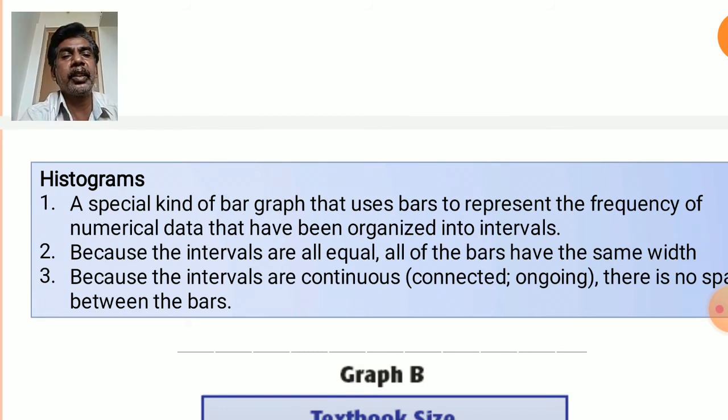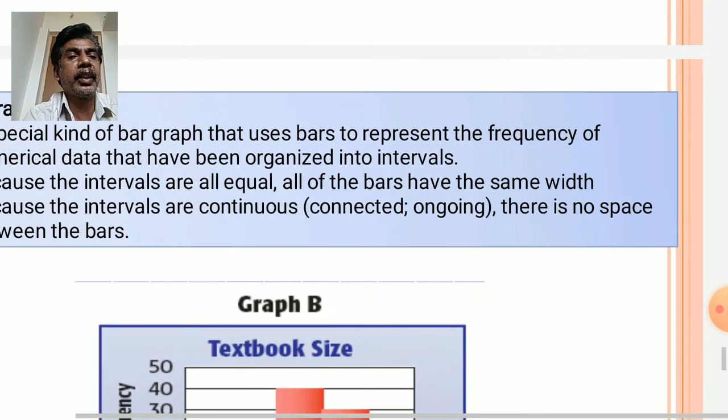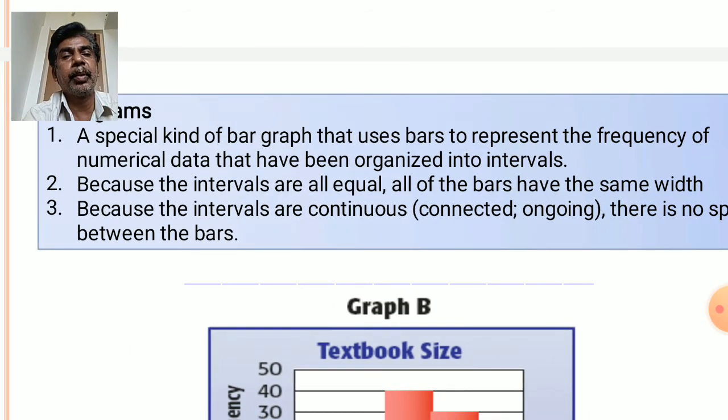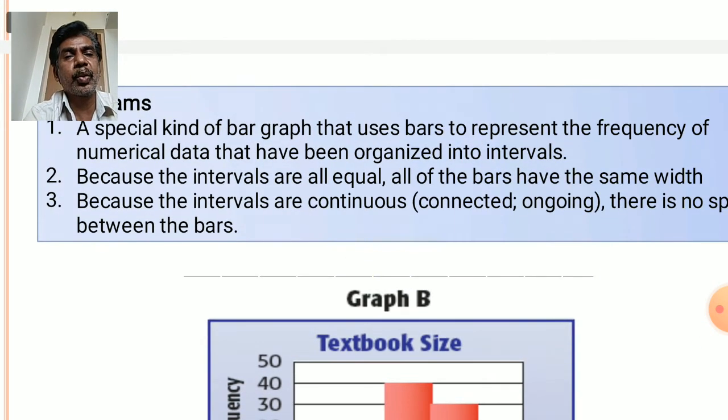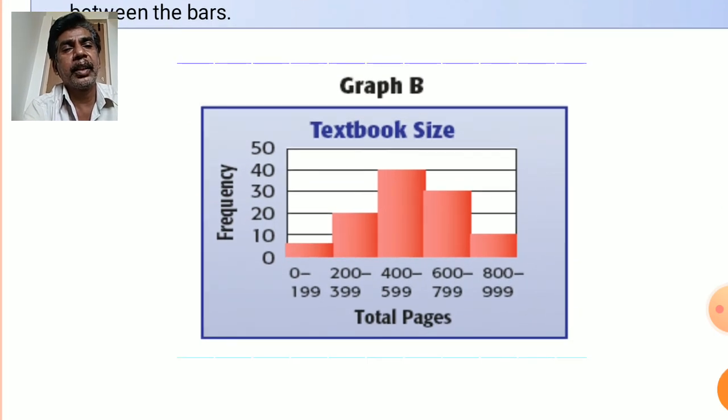Because the intervals are all equal, all of the bars have the same width, and because the intervals are continuous, there is no space between the bars. Histograms are used by businessmen, statisticians and even economists for representing statistical information or data. So this is an illustration given here for understanding.